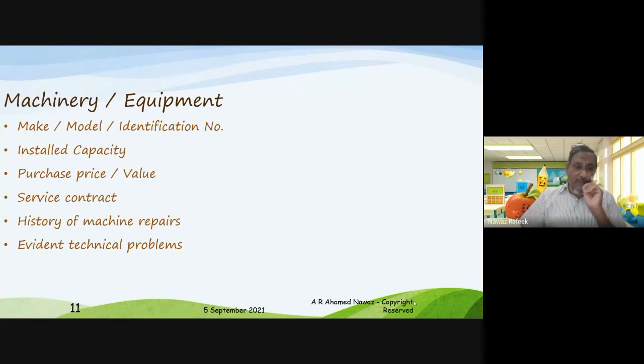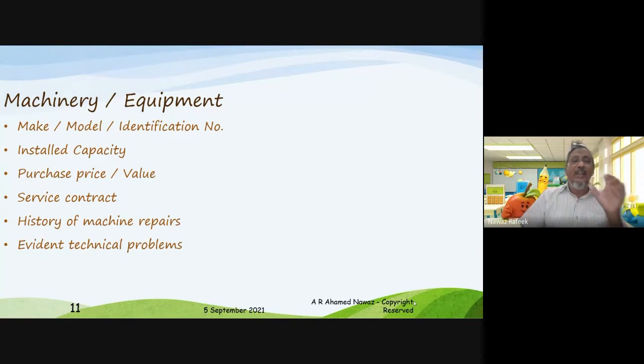In evidence of technical problems, sometimes the customer may have asked for a certain type of machinery from certain companies. Normally, vendors give a rosy picture about the functions of everything. They hide the technical problems. Only after fixing and starting operations do the technical problems appear.